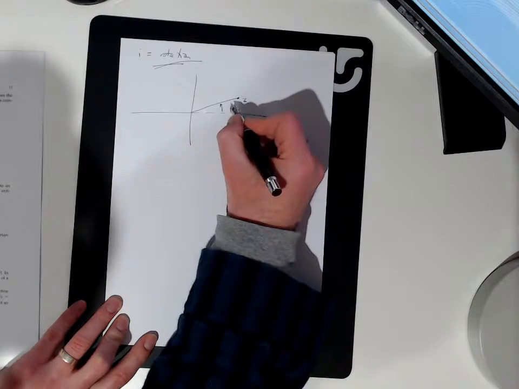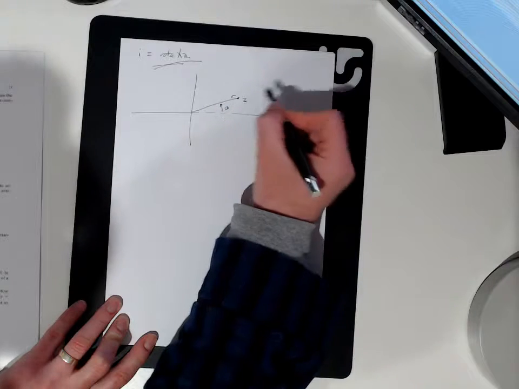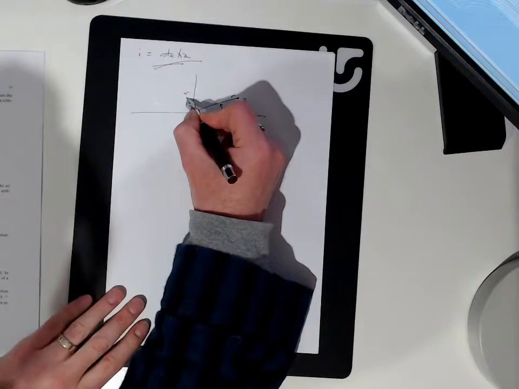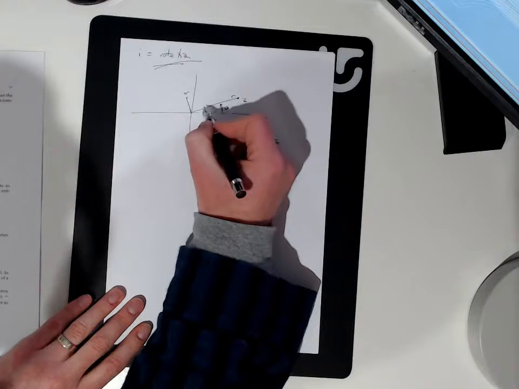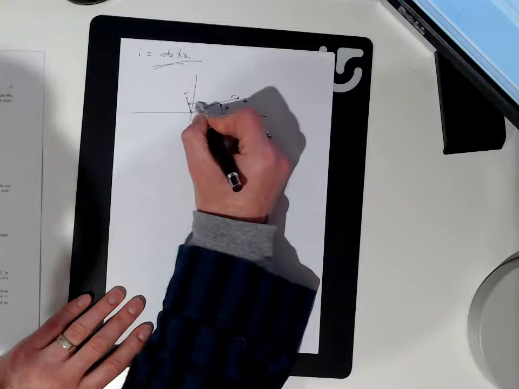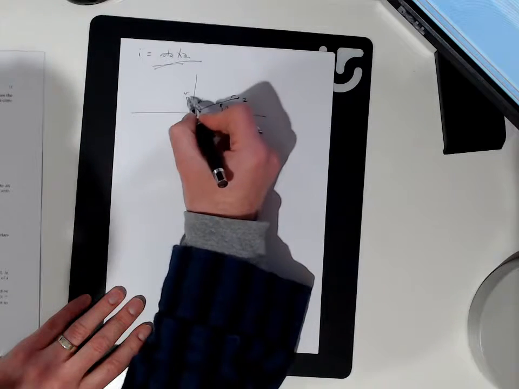So here you have z with angle theta and a line of length r, and w with angle phi and a line of length s.